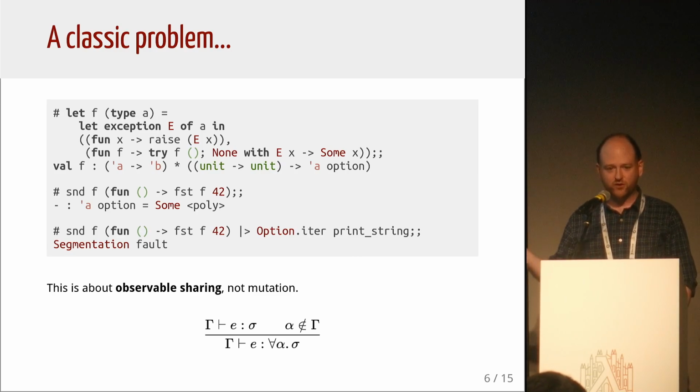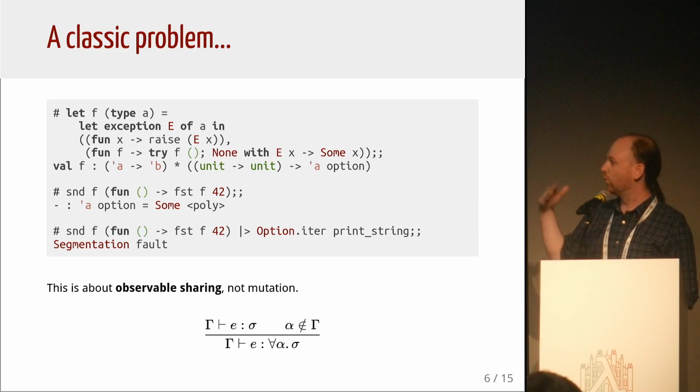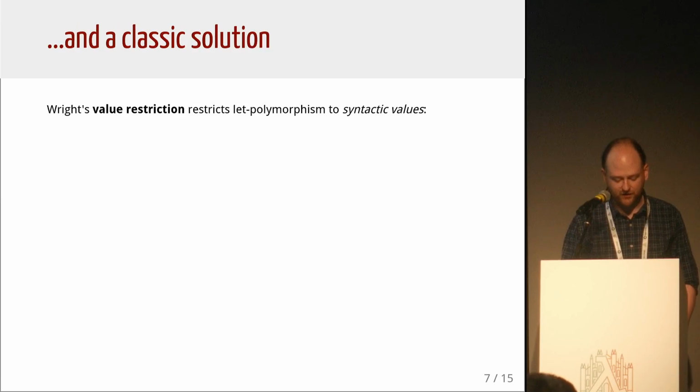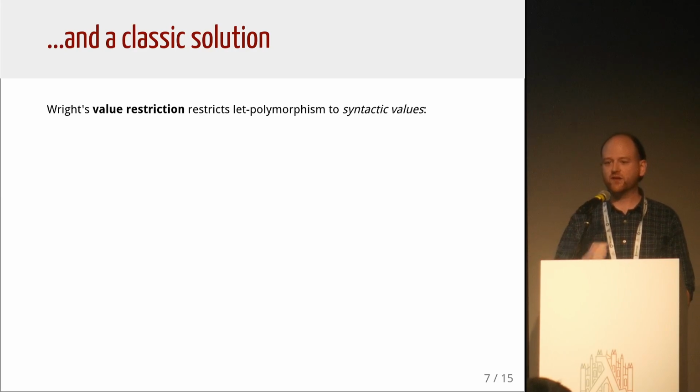So this was annoying, and there was a cottage industry of different approaches to working out how to ban things like this while not restricting the type system too much. And the one that everyone settled on after a while is one of the simplest. It's Wright's value restriction, which says that generalization should only happen on syntactic values.